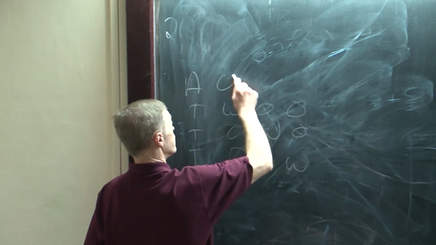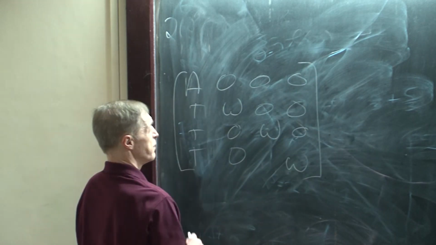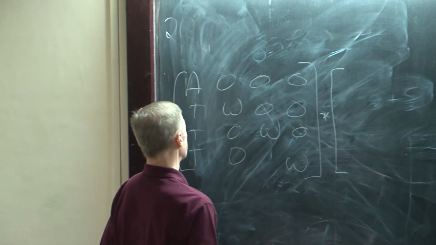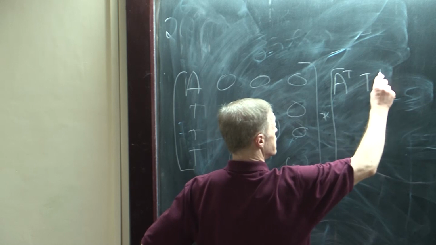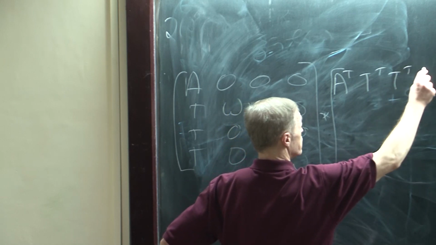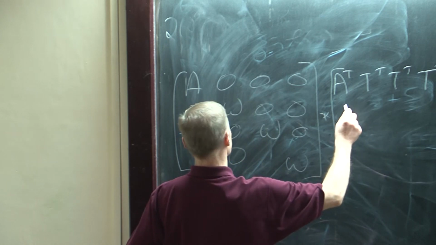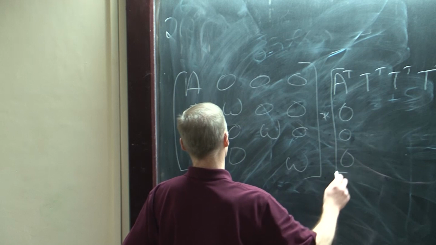So I've got zeros in all these other spaces. Okay, so I multiply this by its transpose. So I've got A transpose, T transpose, T transpose, T transpose. I've got zeros everywhere here.